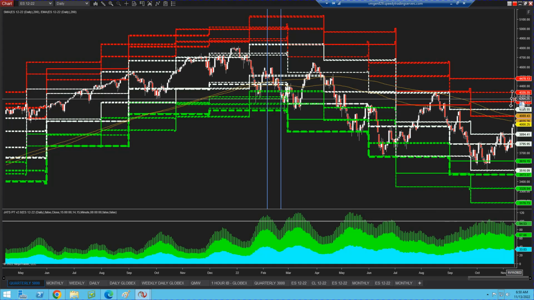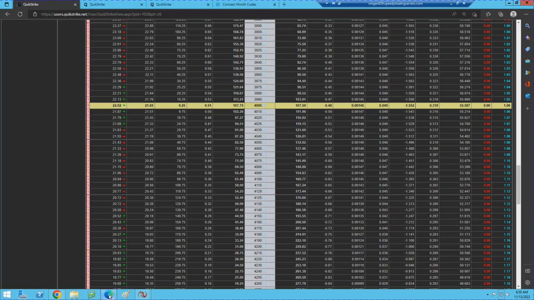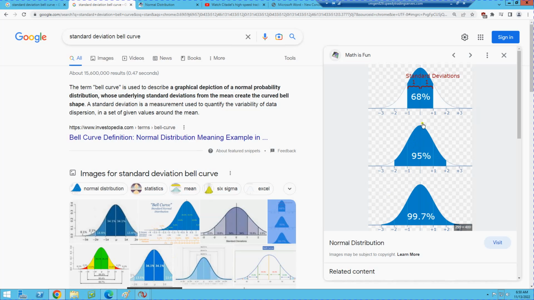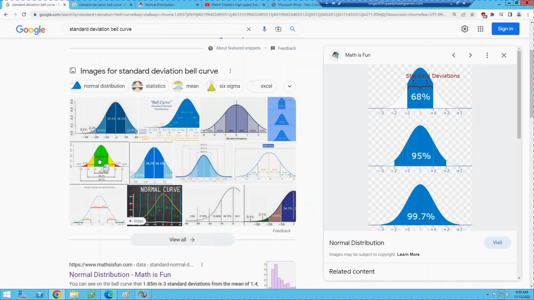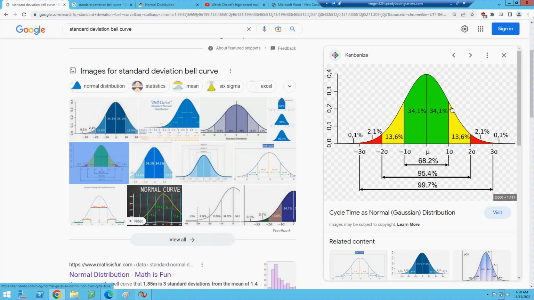Because if you look at your bell curve, if you're going to be in a bear market, I'm trying to find this so I can show you here. You don't want to be buying this upper 1 to 2. This is where you want to send it back down. So selling this upper one to go back down might get you that all the way across, which is where you can make a lot of money.